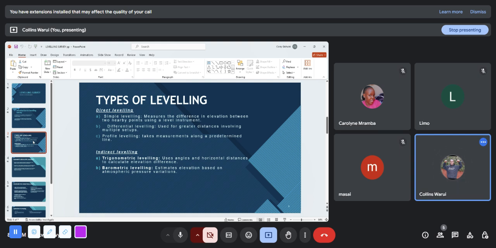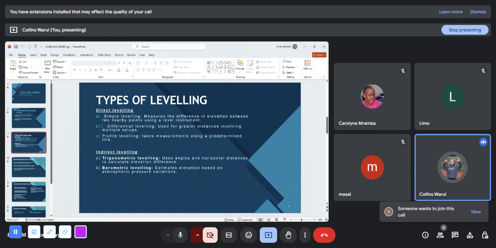Differential leveling, used for greater distances involving multiple setups. And profile leveling, which takes measurements along a predetermined line. These are just some of the types of direct leveling. There are many more. I can give you an assignment to do some research, and I expect it to be submitted next time we meet.